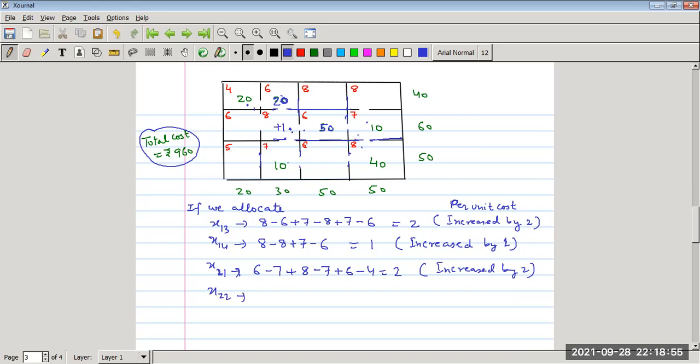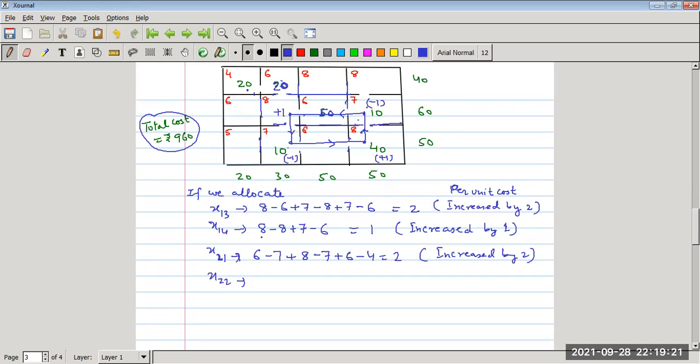We start from this point, we move to this point horizontally, then vertically, then came back to this point. So it forms a loop. Now, if we add one item in this point, we have to subtract one item in this point, add one item in this point, and subtract one item in this point, so that supply and demand constraints are satisfied.